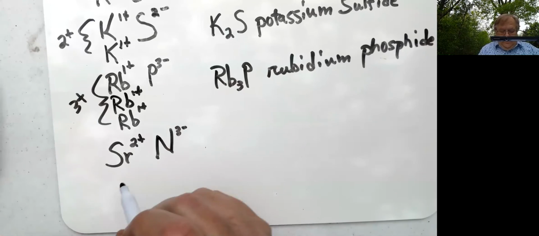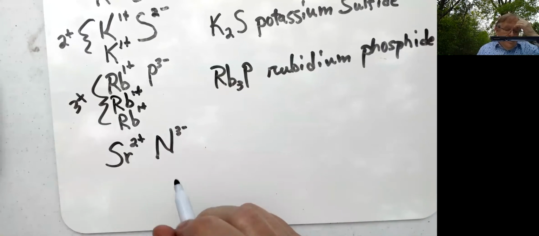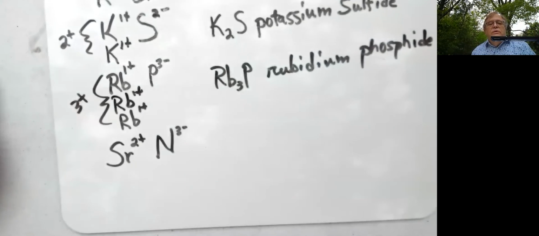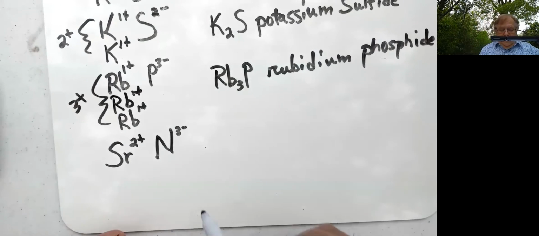Well, you could work this out by doing it this way eventually. You keep adding and subtracting formulas until, okay, let me try to do this the right way now. Okay, maybe that'll straighten it out.